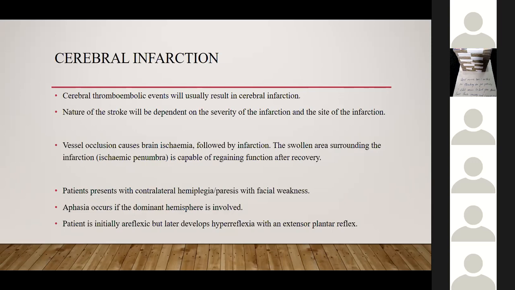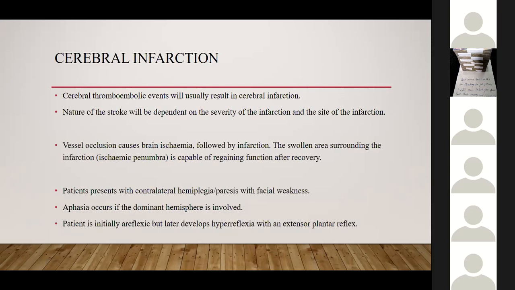And once you have an infarction, another area called the ischemic penumbra would form around the area of infarction. This ischemic penumbra is capable of regaining function after recovery if you manage it well. It tells you that once an aspect of the brain becomes infarcted, you don't gain function in that aspect anymore. Even when you recover, that aspect of the brain is gone.